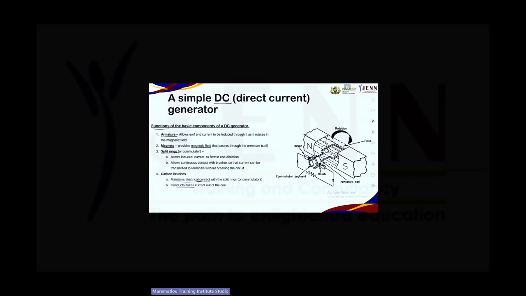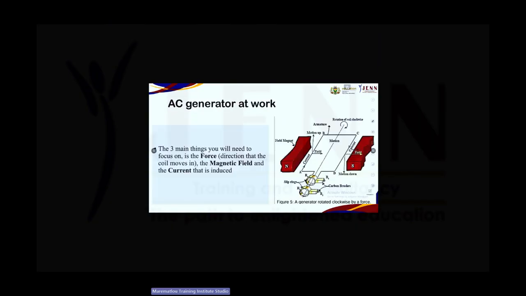Now, when we look at the generator, we're also going to work with Fleming's right-hand rule. So you guys have to remember that the motor works with the left hand. Now think about how we drive.